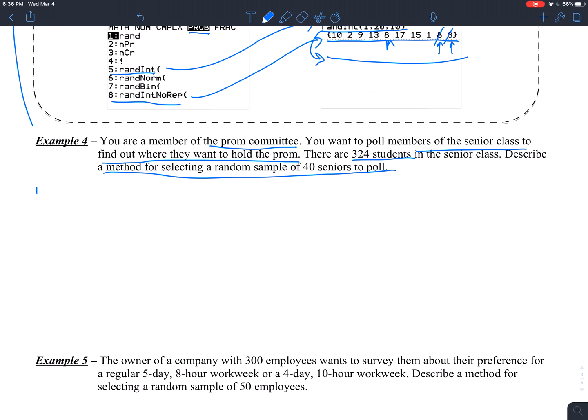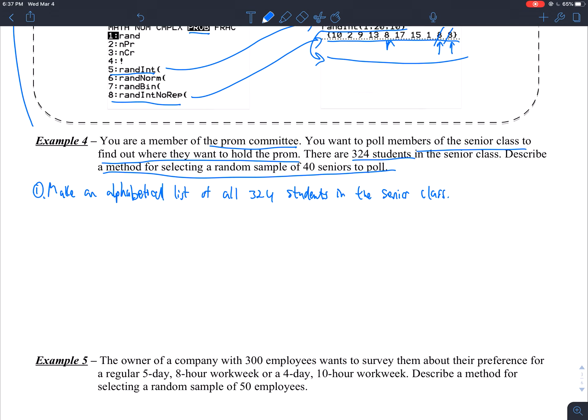So I'd say step number 1 is make an alphabetical list of all 324 students in the senior class. Okay, so I've got my list of names, right?